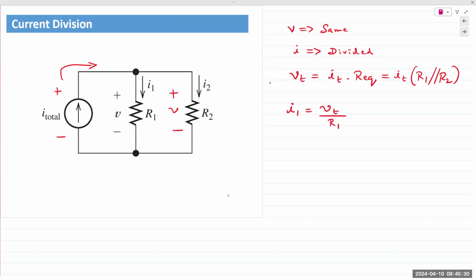You plug in the value for VT, which is IT times Req. That's the expression you obtain. When current is applied to a parallel connection of resistors, a fraction of that total current flows through each individual branch. And the fraction is given by the ratio of Req to the resistor R1.